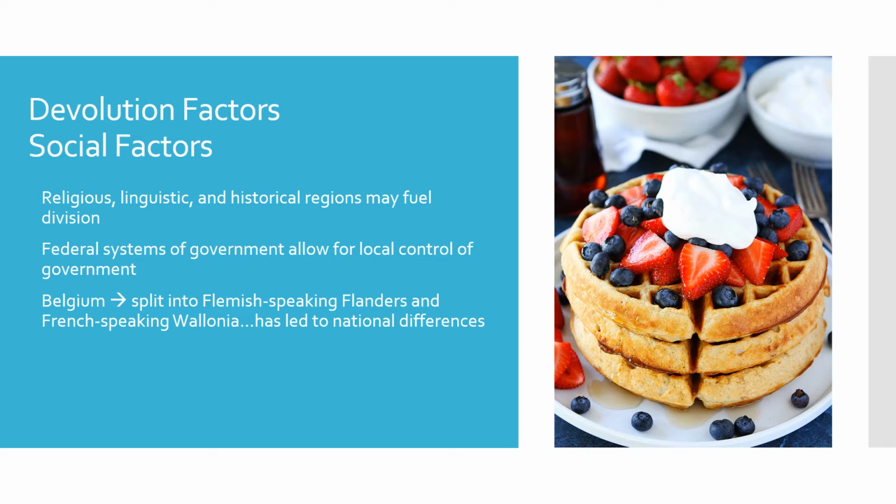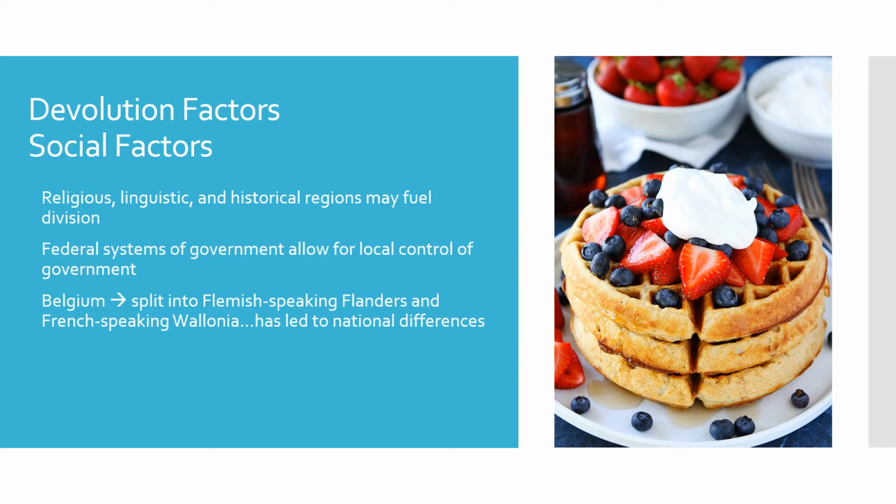In Belgium, you've got the north part of the country and the south part of the country, very much of a linguistic difference. And that has led to differences inside of Belgium in the quest maybe to grant devolutionary powers to smaller governments in the north of the country. So, again, when we think about devolution, it could be a lot of different things that lead to it.